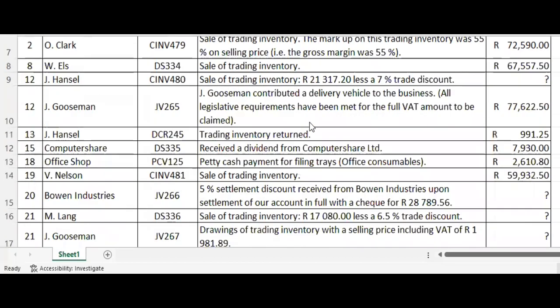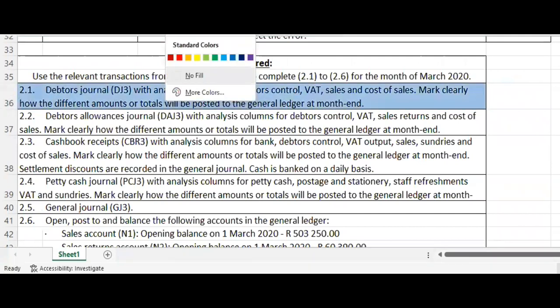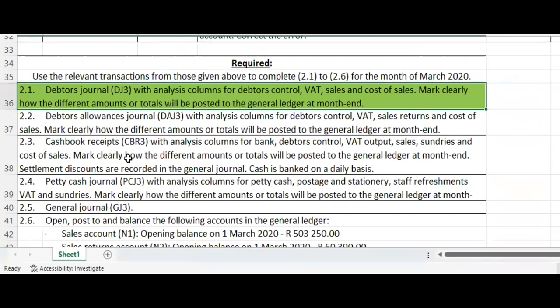And then here at the bottom, they tell you exactly what you are supposed to do. They say you must use the transactions to complete the following. The first thing that you must complete here is a debtors ledger. Let's mark that debtors ledger question in green. It says with analysis columns, and you are supposed to complete this.